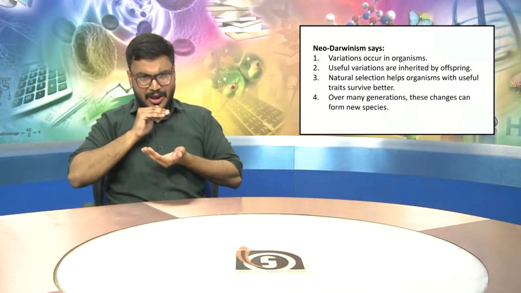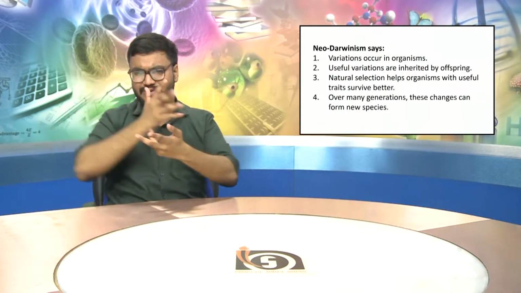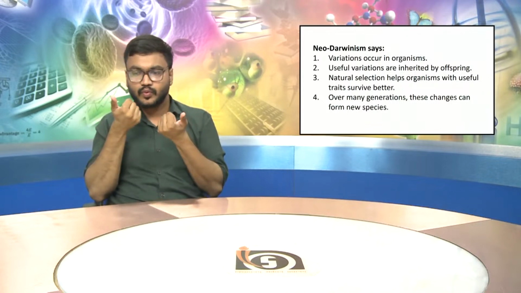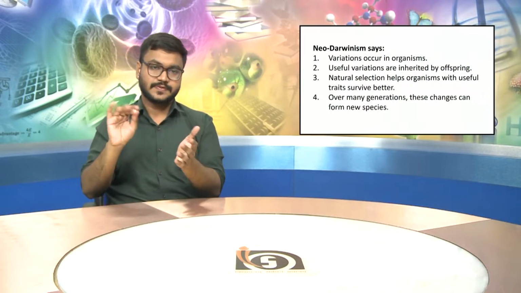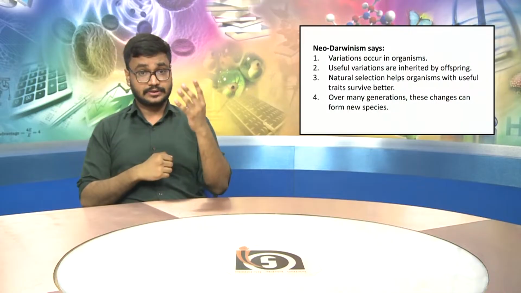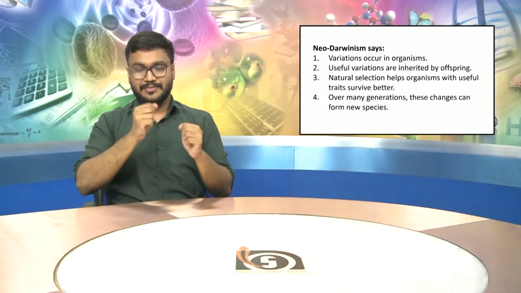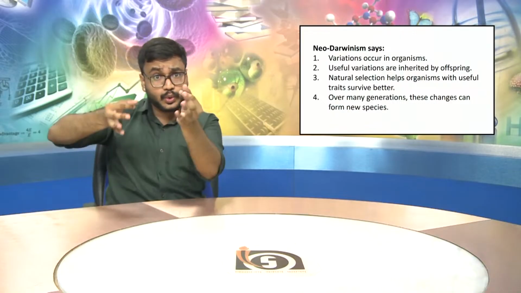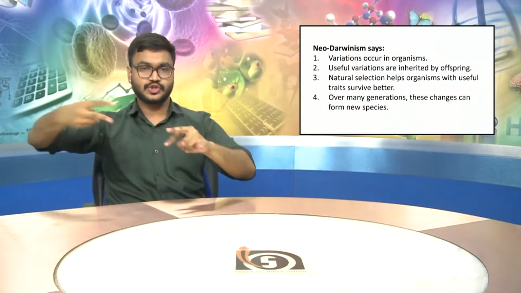Useful variations are inherited by offspring, and natural selection helps organisms with useful traits survive better. And also, over many generations, these changes can form new species.